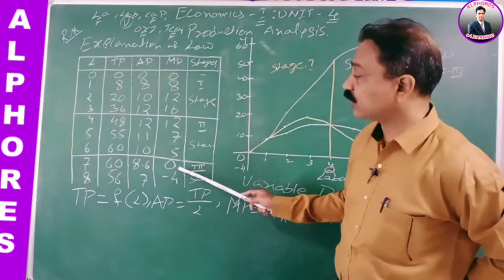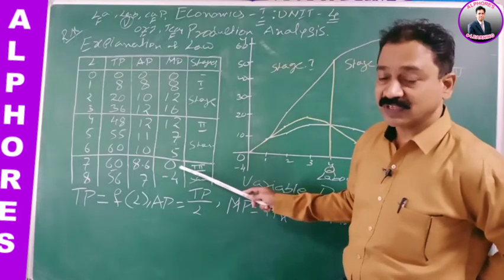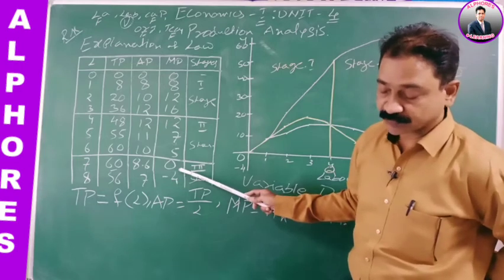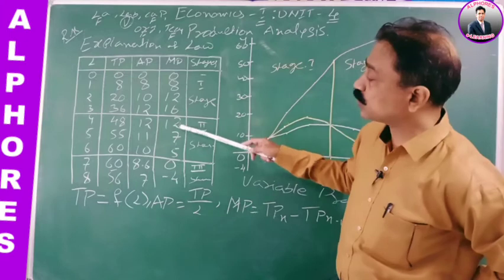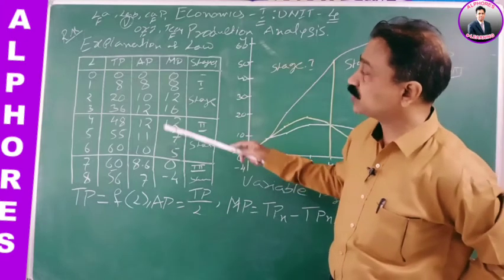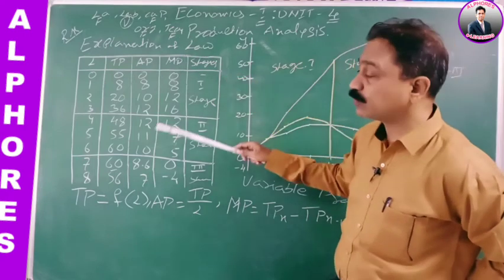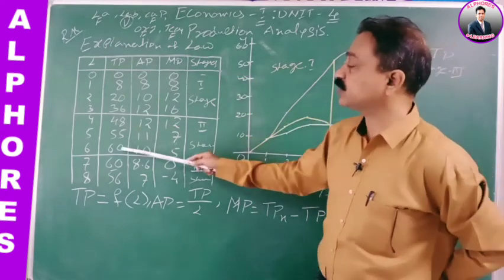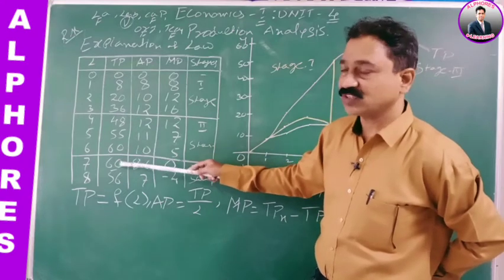Okay, and here you can see the seventh labor output is 0. Why is it 0? Simply, when labor keeps increasing, at a certain point, this land, capital, organization, technology cannot produce more than this much capacity. So here total product becomes constant.